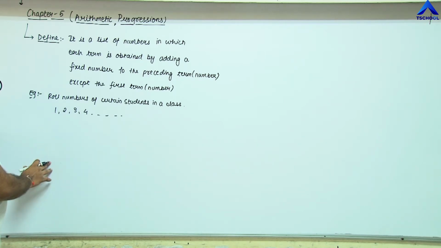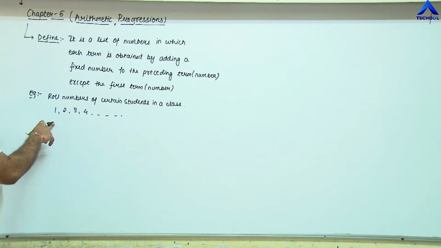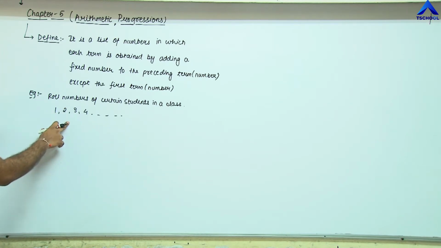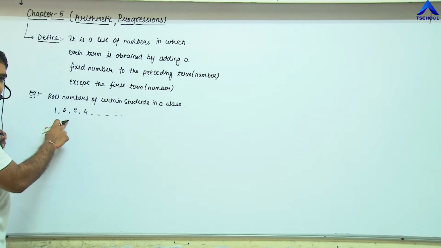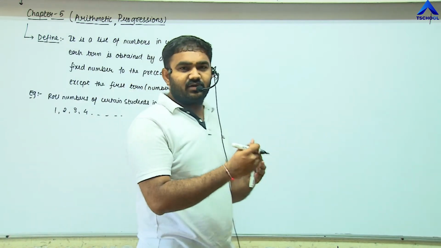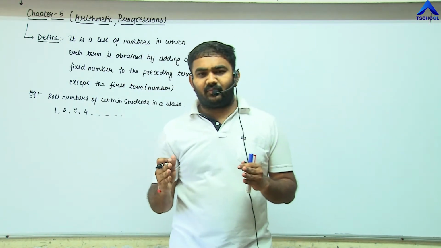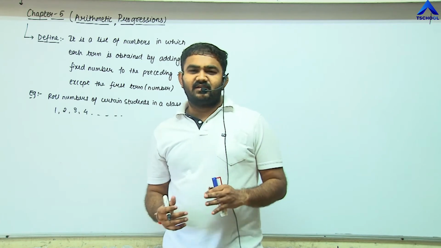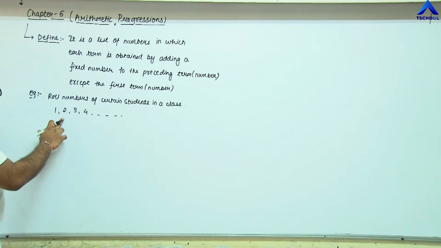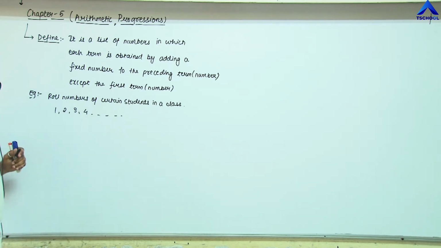If 1 is added to the first term, that gives you 2, the second term. If 1 is added to the second term 2, it gives you the third term 3. That means the preceding term is added to the common difference and we get its succeeding number. The succeeding number equals the preceding number plus the difference. So that is an arithmetic progression here.